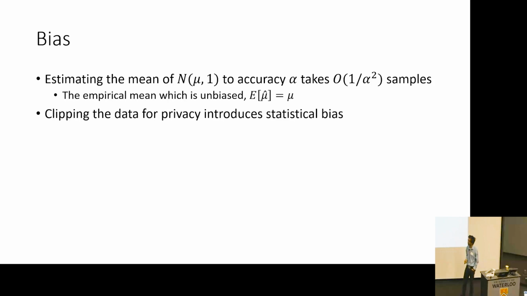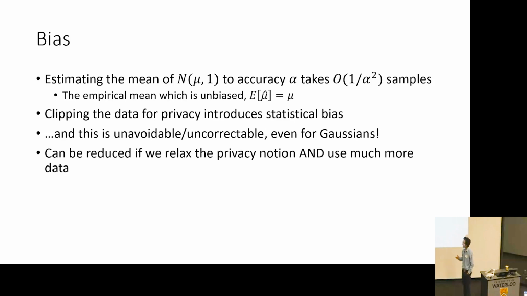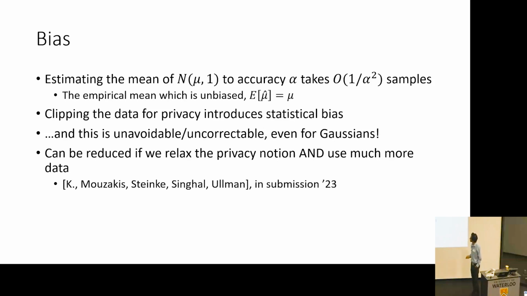Maybe there's some other smarter way of treating your data that won't just do this clip and add noise, that can get rid of this bias issue. And the answer is unfortunately no, not even for Gaussians. You kind of can if you relax your privacy notion. I'd say the answer is yes in specific cases, but this is still kind of a no. And this is in a recent work with a lot of my group, including Matt, who's now here in the back of the room, who was probably the main author of this.